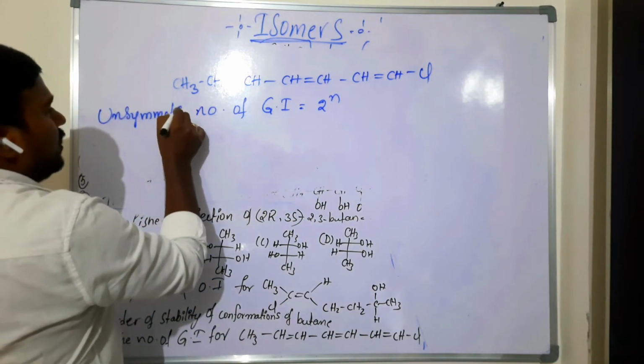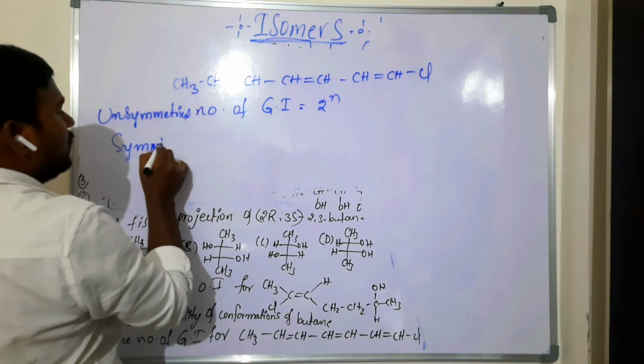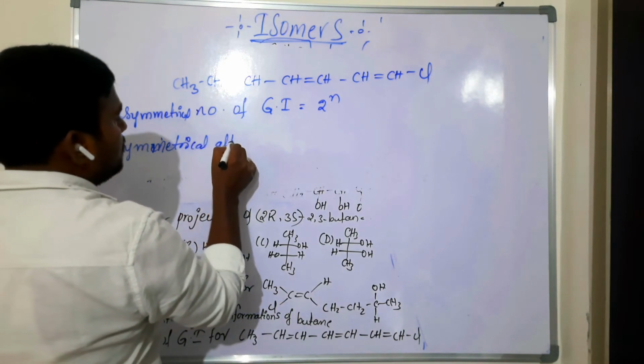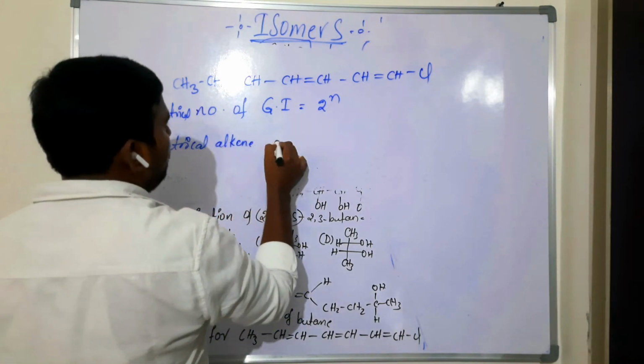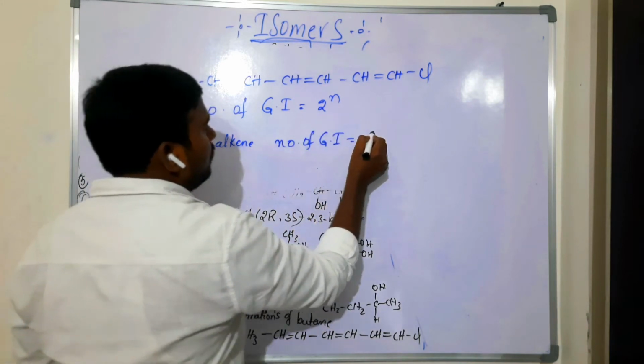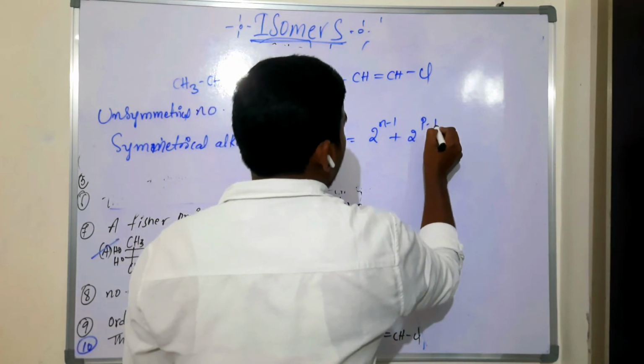In the case of symmetrical alkenes, how do you calculate the number of geometrical isomers? It is equal to 2 power n minus 1 plus 2 power p minus 1.